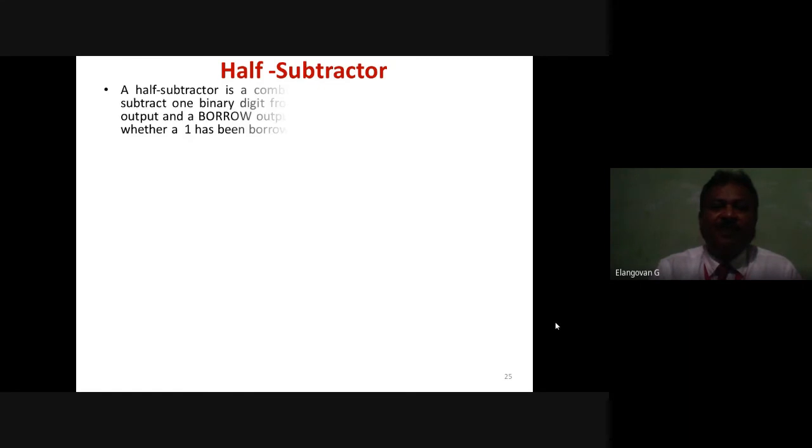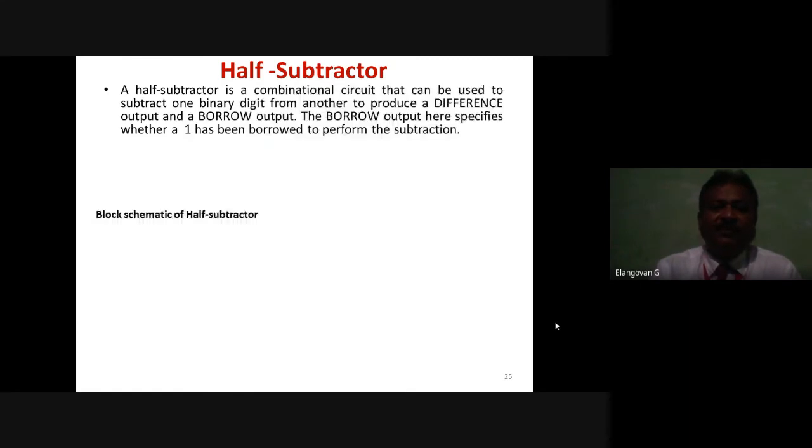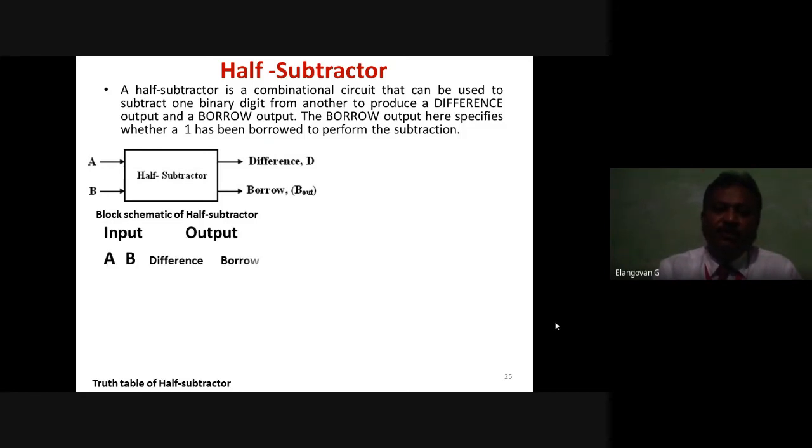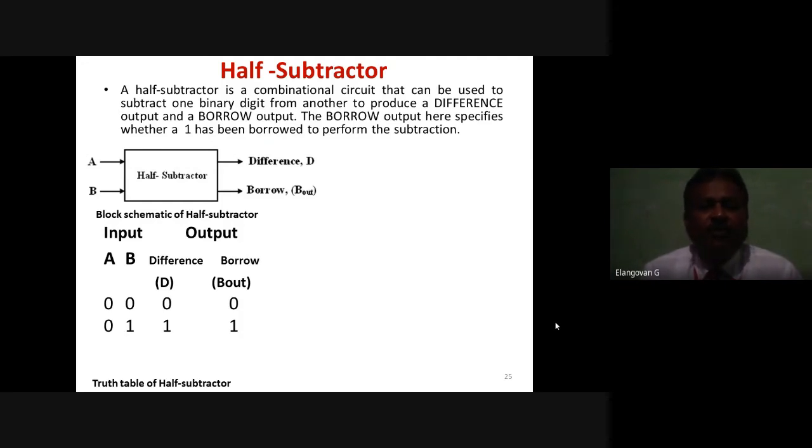So the half subtractor has two inputs and two outputs, one is the difference and another one is the borrow. So the truth table has the two inputs A and B and outputs difference and borrow. If both the inputs are 0, 0, the difference is 0 and the output is 0. But if 0 and 1 is there, 0 minus 1 is not equal to 1 minus 0.